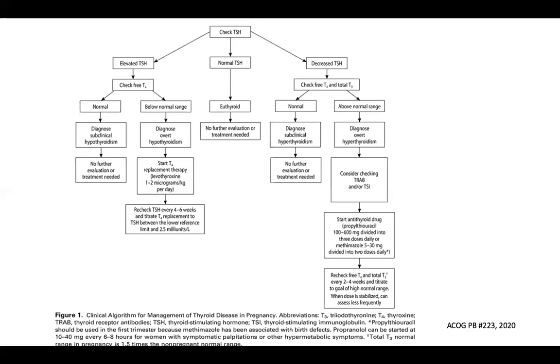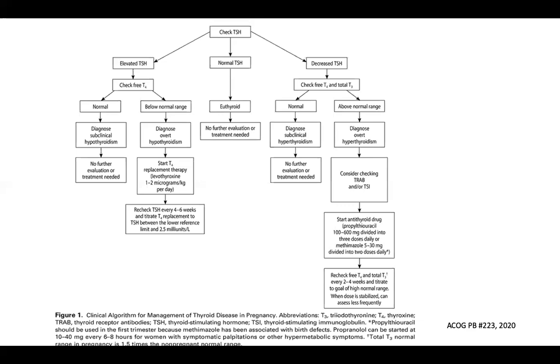And the people who have really high levels of those are at increased risk for fetal hyperthyroidism because both of them can cross the placenta and stimulate the fetus to produce more hormones. And the only way you can detect this is by cordocentesis, or if the baby has a sustained tachycardia.